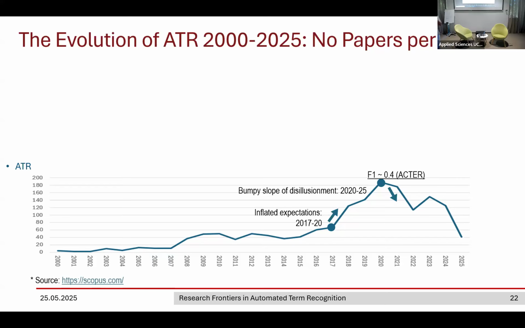And then we have taken a bumpy slope of disillusionment, again compared to Gartner's terms. So you will be wondering why the slope was bumpy and why it came to a disillusionment curve. I will show you the examples. I will substantiate this observation.